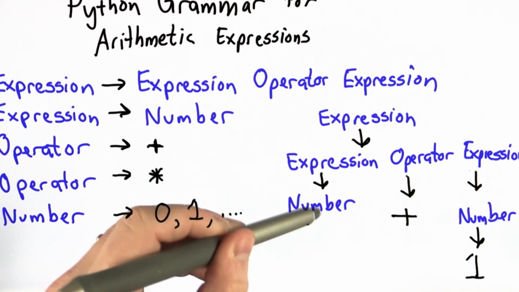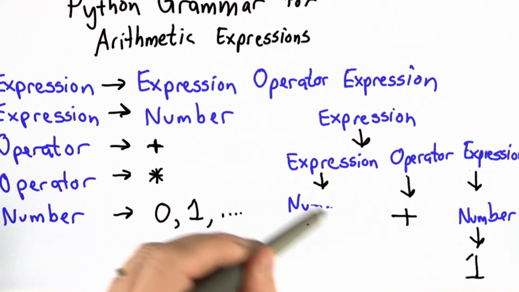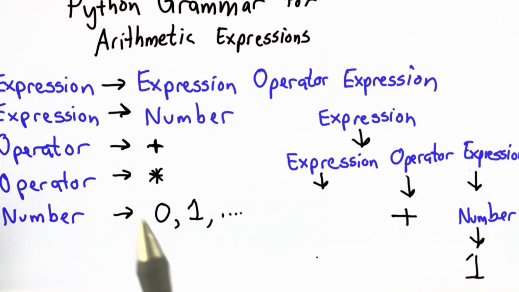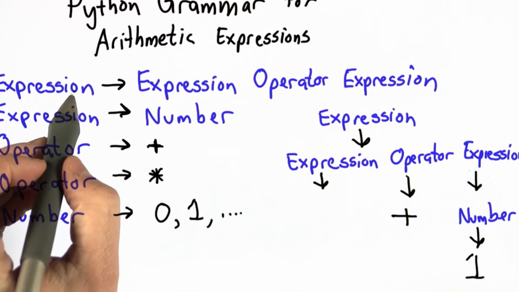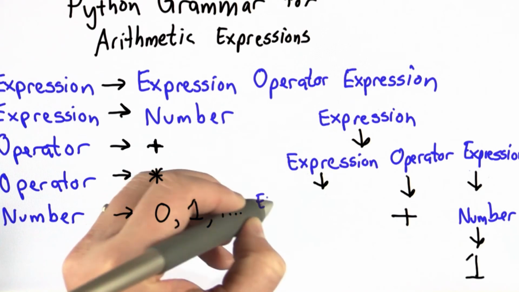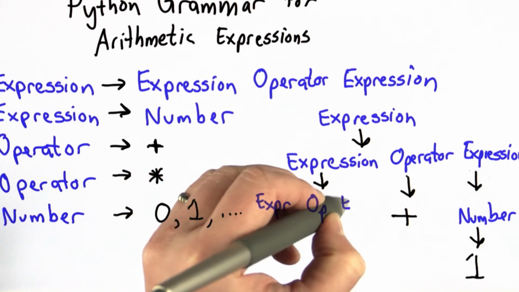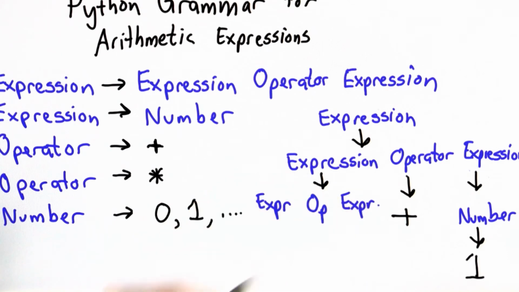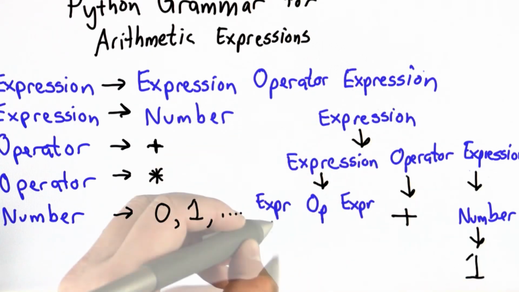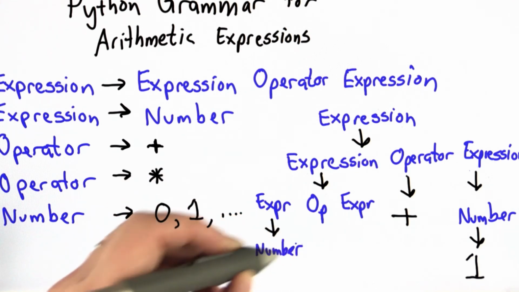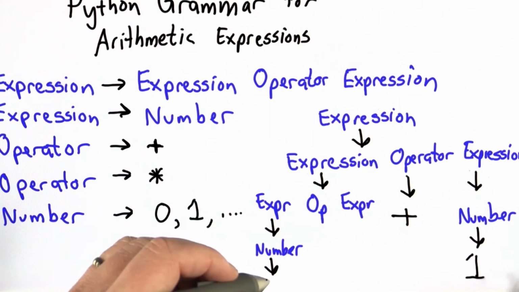We can do a lot more than this, though. Instead of replacing this expression with a number, we could replace this expression with another expression, operator, expression. So we're going to use the first rule, replacing expression with expression, operator, expression here. And I'm going to start abbreviating. So EXPR is an abbreviation for expression, op for operator, and EXPR, but we're just using this rule. And now we could do the same thing again, replacing this expression with a number and replacing that number, let's say, with the number 2.